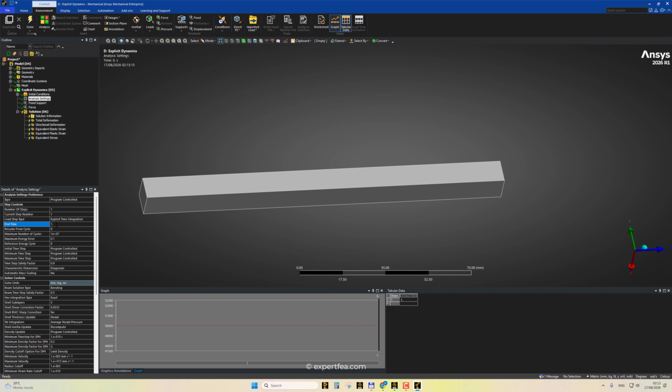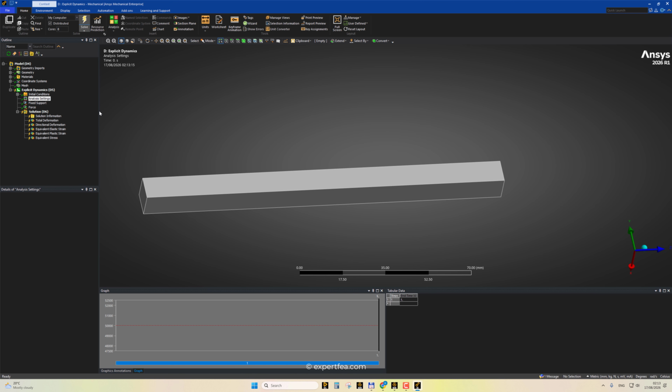If we were to hit here end time and not do anything else, let's just solve and see what happens.